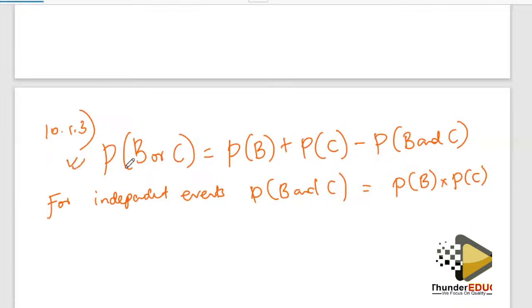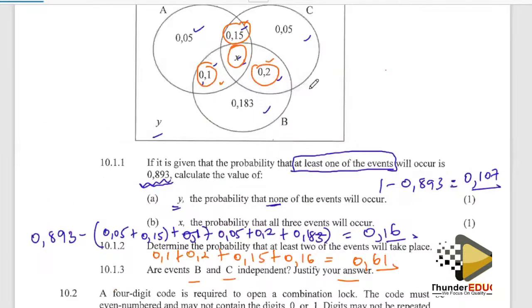This is the addition, and then this is just the product. So I don't see where I can use this because I don't have the probability of B or C. So which means I can use this. I know that the probability of B and C is going to be 0.2 and then the 0.16.